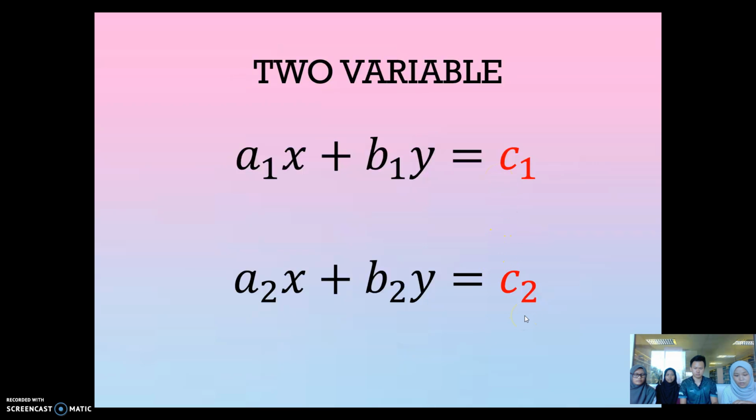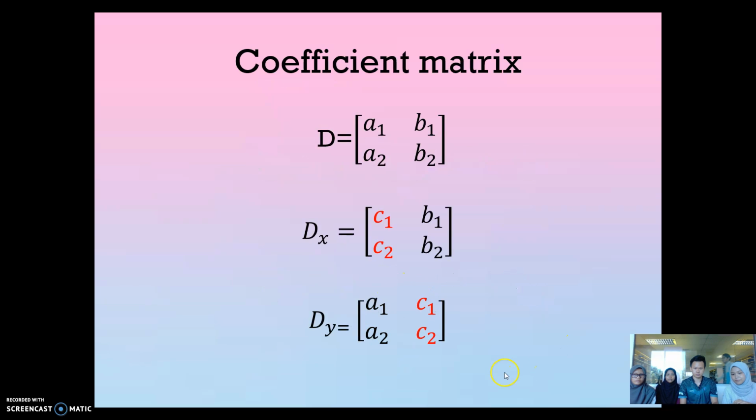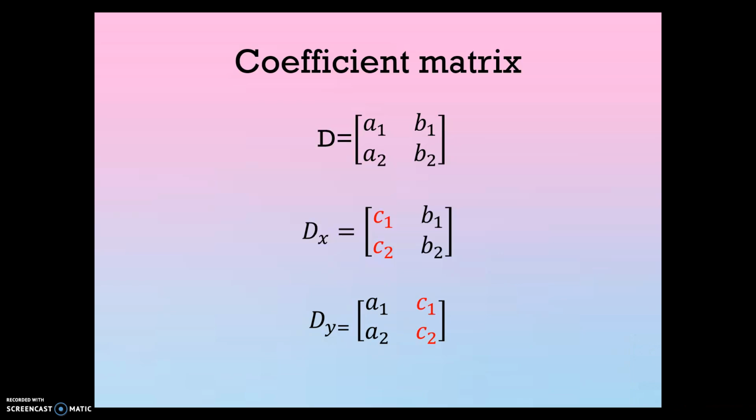They come from the columns of x and y. Looking at the numerator in solving for x, the coefficient of x column is replaced by the constant column in red. In the same manner, to solve for y, the coefficient of y column is replaced by the constant column in red. Next.